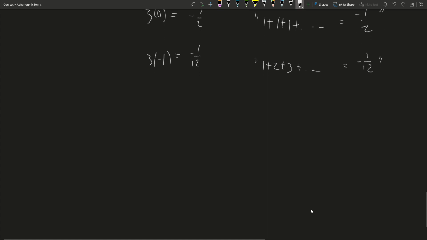Let's talk about the value at the negative odd integers. So zeta of minus 2n minus 1 is going to be, let me look this up.